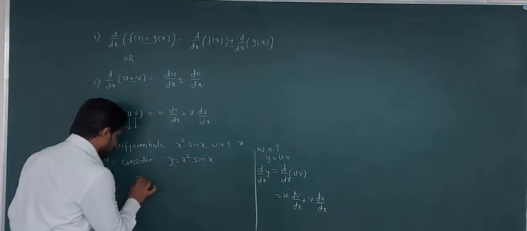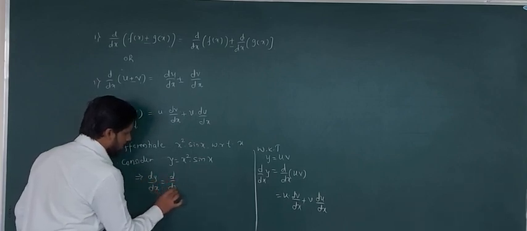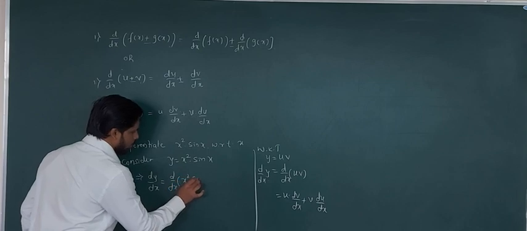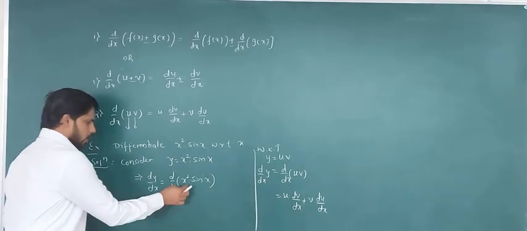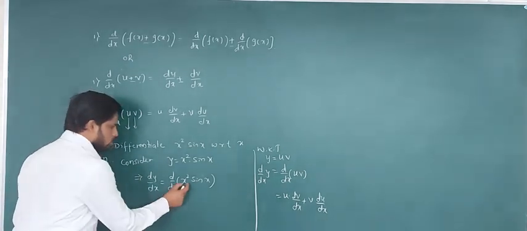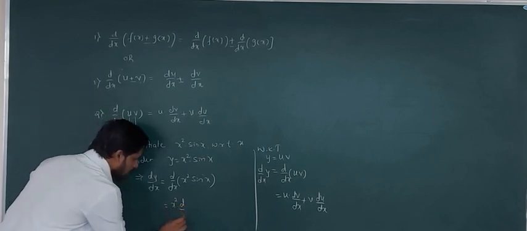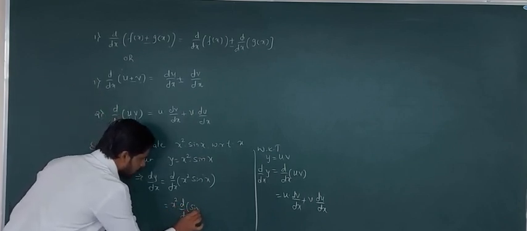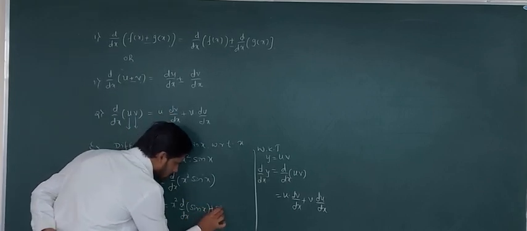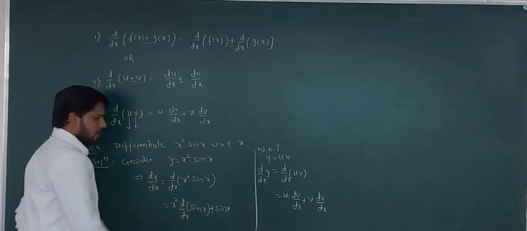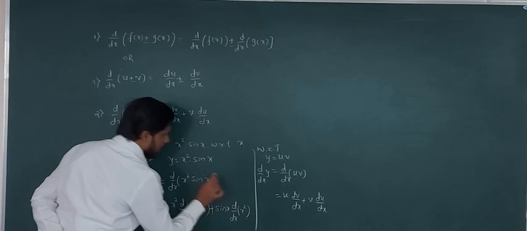So dy by dx is equal to d by dx of x square into sin x. Here we keep the first function, x square, as a constant, into d by dx of sin x, plus the second function, sin x, as a constant, into the differentiation of the first function, d by dx of x square.